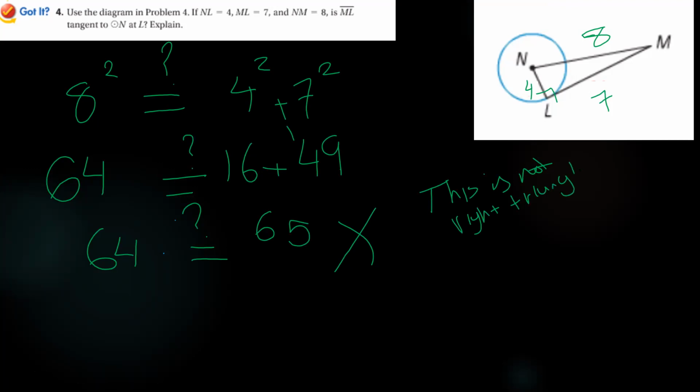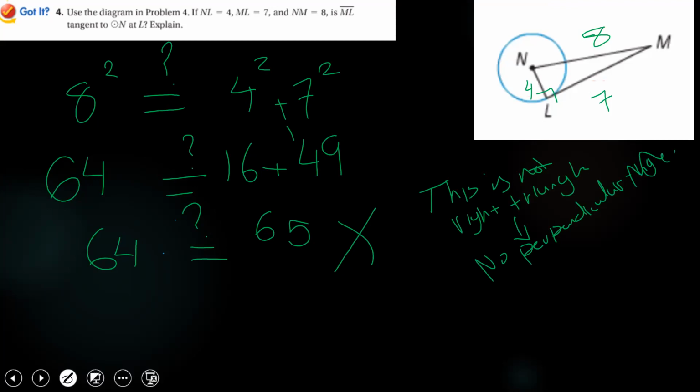Since this is not a right triangle, there's no perpendicular angle. So ML is not perpendicular to the radius.